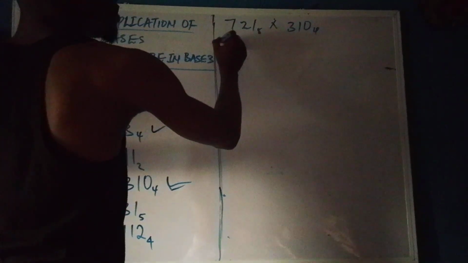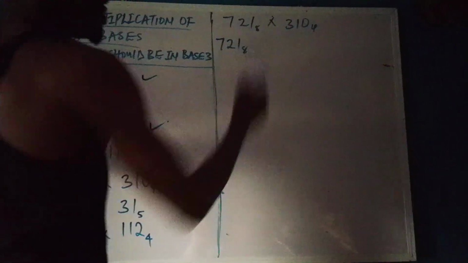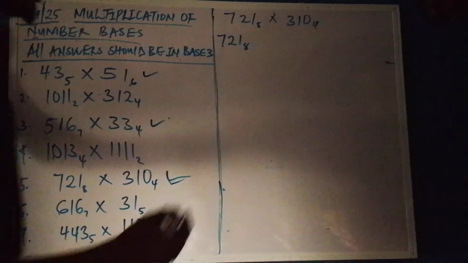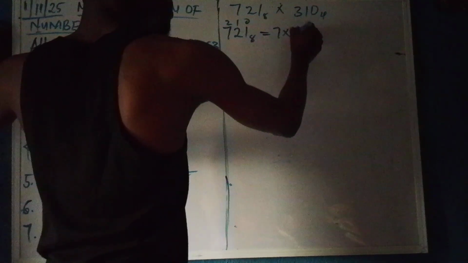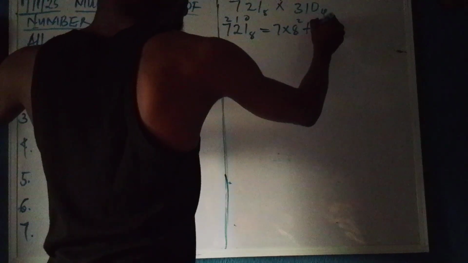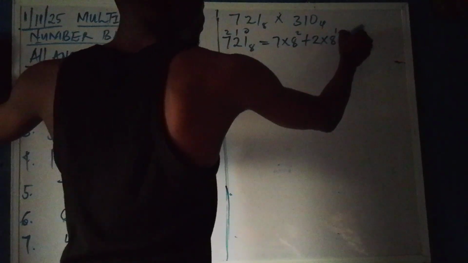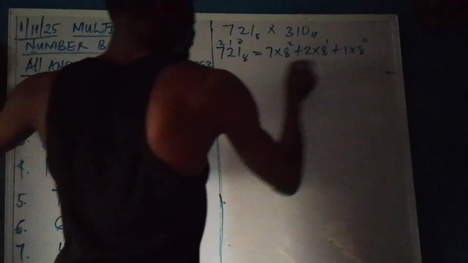So now 721 base 8. We want to convert 721 base 8 to base 10 first. 0 1 2, then that will be 7 times 8 to the power of 2 plus 2 times 8 to the power of 1 plus 1 times 8 to the power of 0.